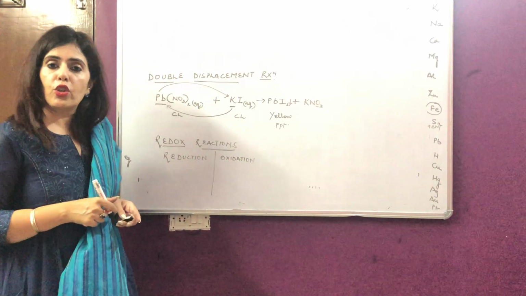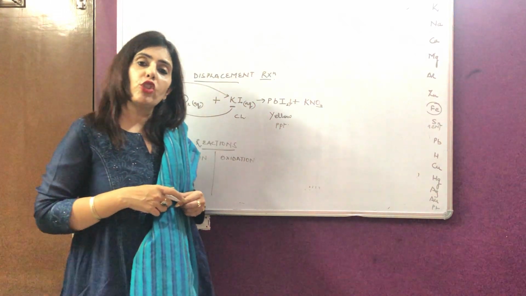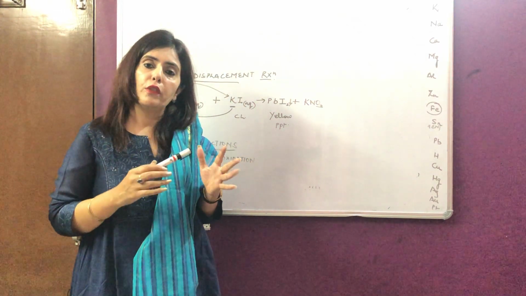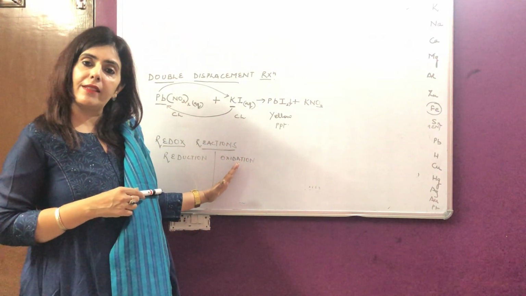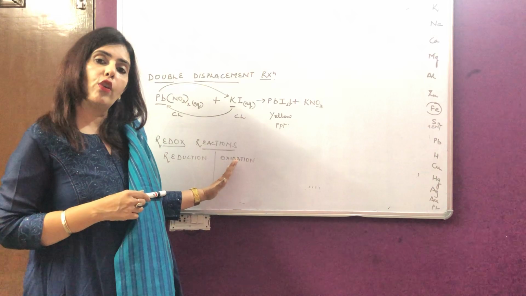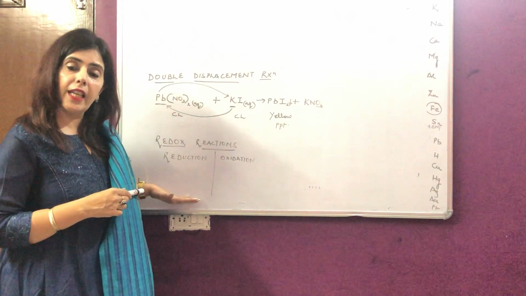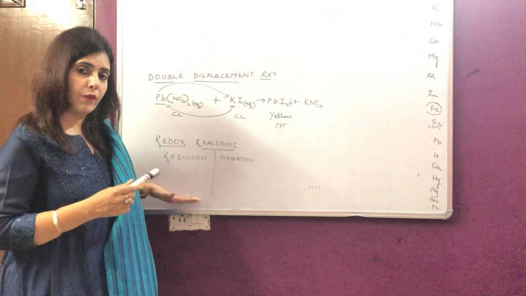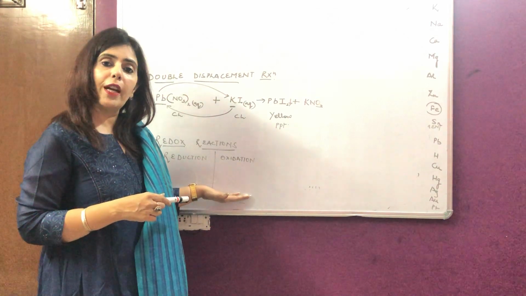So what does reduction mean? You can note down these points: reduction means loss of oxygen. What does oxidation mean? As the name indicates, it means gain of oxygen. Reduction means gain of hydrogen. So oxidation is going to be the reverse, that is loss of hydrogen.